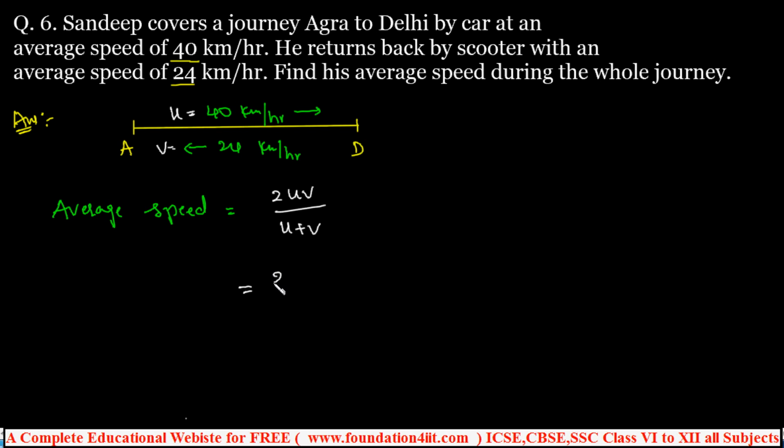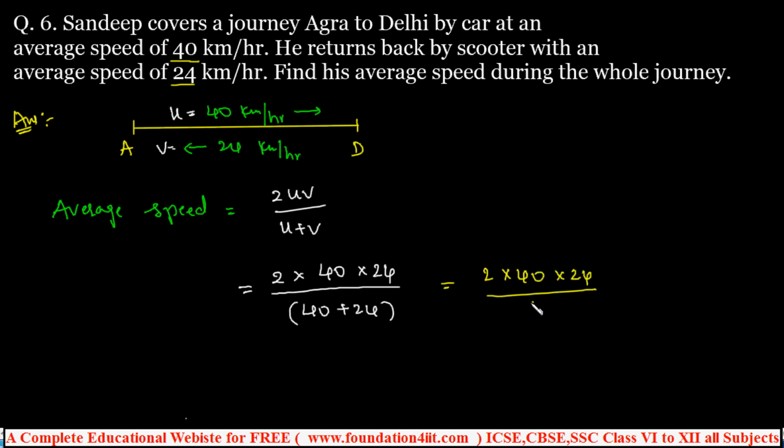Okay, let us calculate this. 2 into u into v, so 2 into 40 into 24. Same units are there, that you have to notice: kilometers per hour, so the answer will also come in kilometers per hour. And 40 plus 24 is 64.